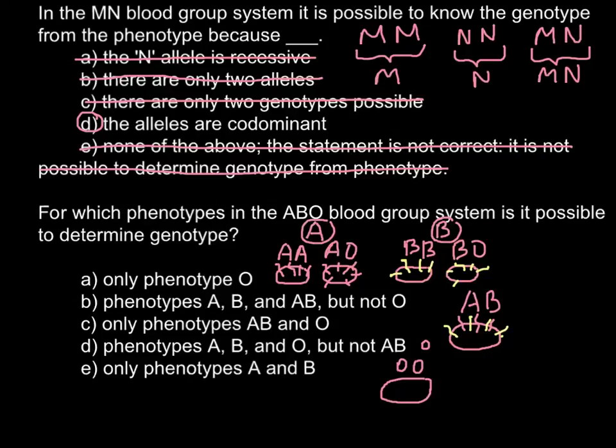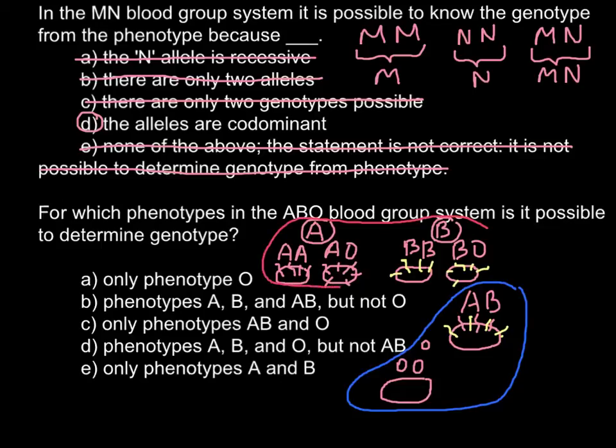So here genotype equals phenotype, and we have two such groups, AB and O, where genotype equals phenotype, and we also have two groups, A and B, where each phenotype can be made of two genotypes. A can be AA genotype and AO genotype, and B can be made by BB genotype and BO genotype.